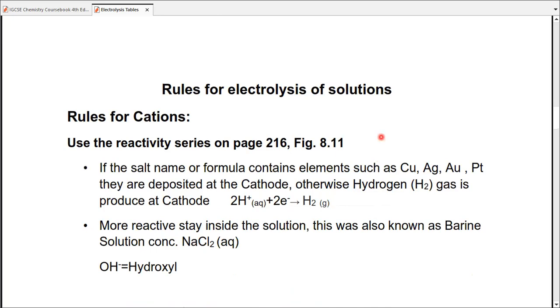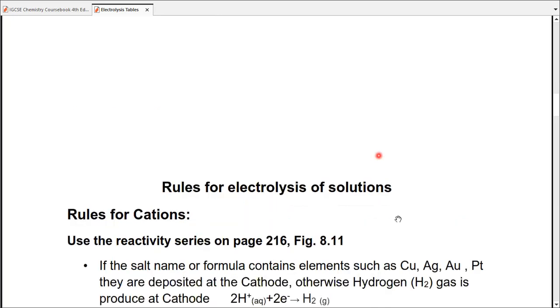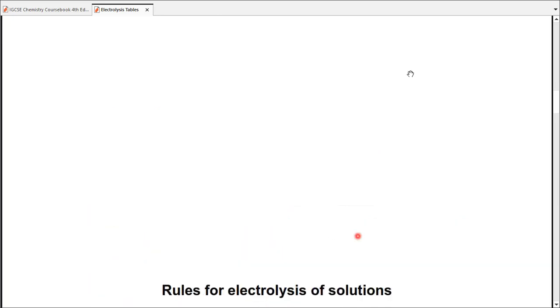Before we start with any of these rules, I want to make sure that you understand why in solutions, the stuff gets complicated for us for a certain set of reasons. Let's go through those reasons first. When we talk about a solution, let's take an example for a better understanding. Let's say I talk about NaCl aqueous solution.